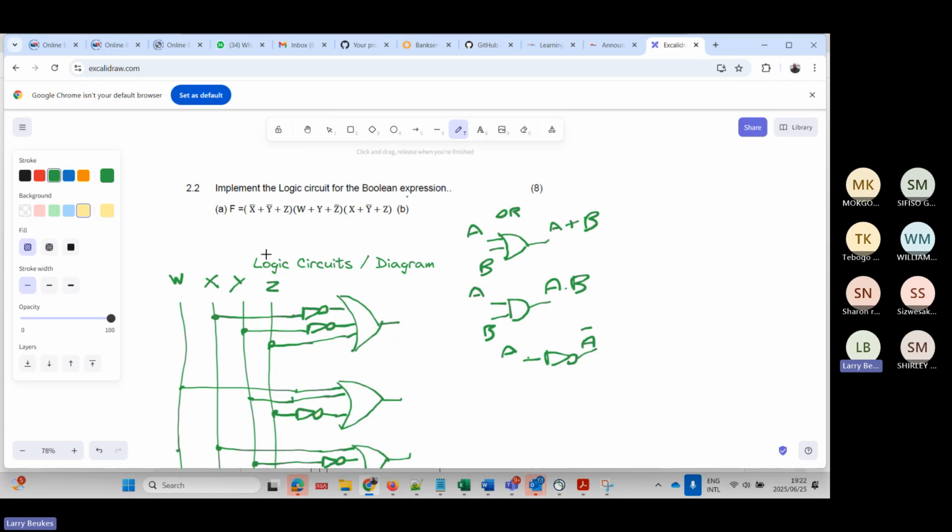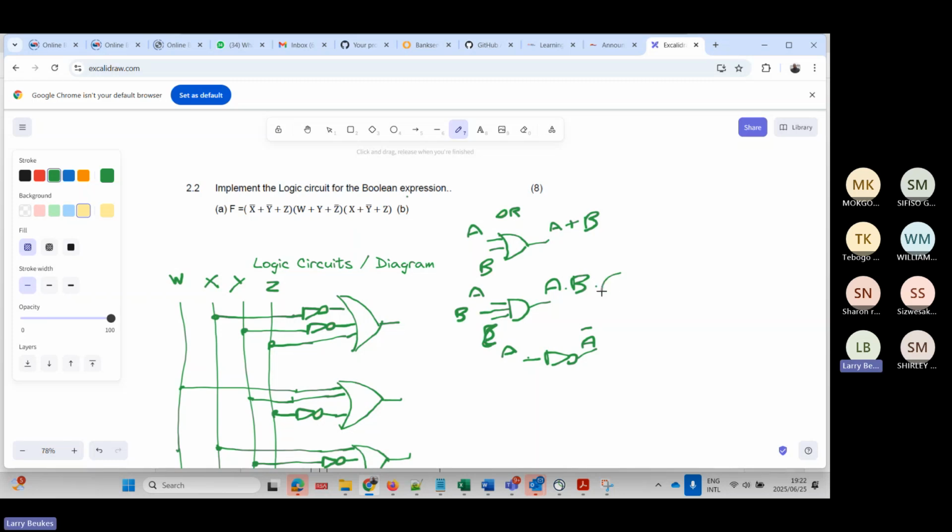So all three terms go into an AND gate. This AND gate has three inputs. Remember I said this is just a variable, guys. So for example, this is A, this is B, and this is C. These are just variables.